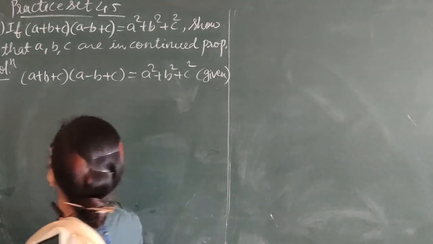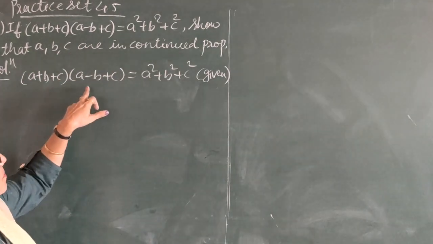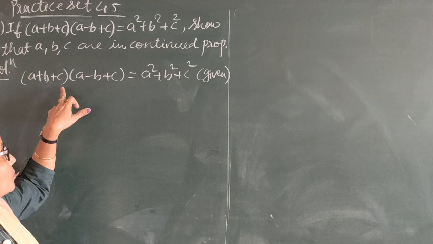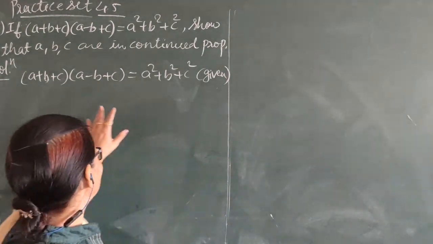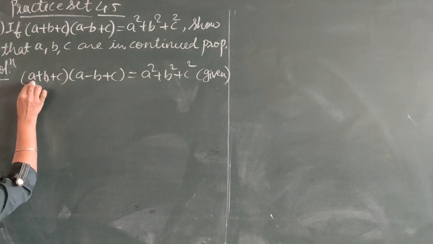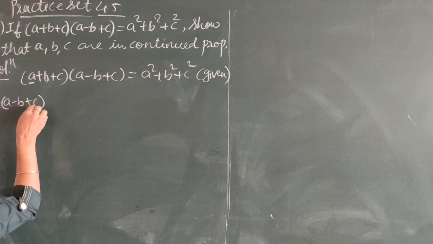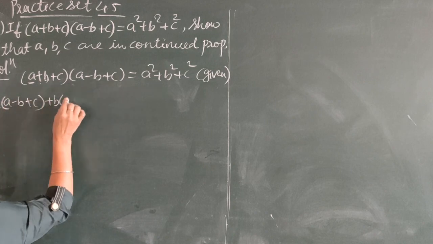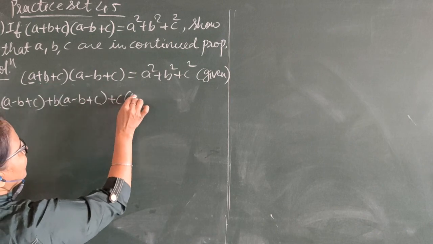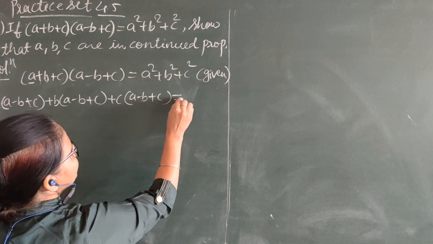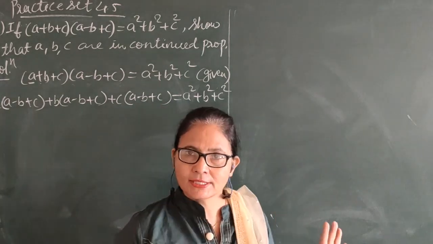Now let's see. We will start from the given part. This is given to you. Now you know how to simplify this product. It is a product of trinomials, as we have solved in the first and second questions, product of binomials. In the same way, this a is multiplied with all the terms of the second bracket, again plus b into this a minus b plus c, again this c into a minus b plus c, and this right hand side, as you cannot simplify, will remain as it is.